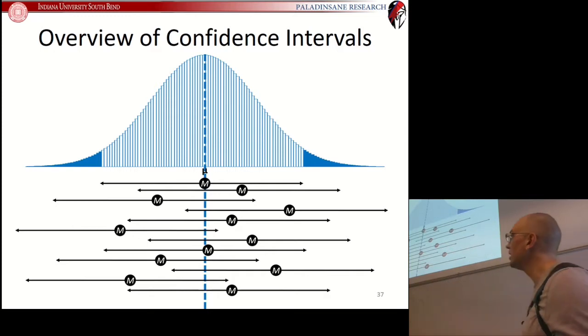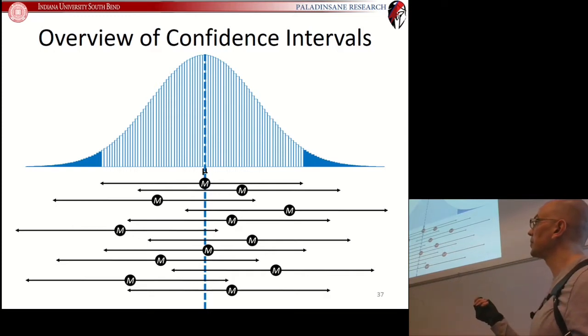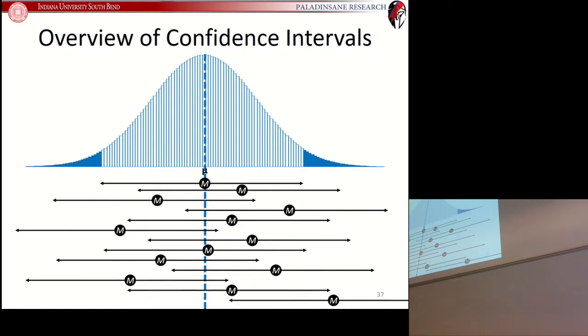So if your sample was this sample, you've successfully estimated. If it happened to be this sample, you've successfully estimated. If it happened to be this one, or this, with an interval of this length, you have successfully estimated your population parameter. So in all these cases, this interval has led to a successful estimation of the population parameter. But what happened with this one over here?